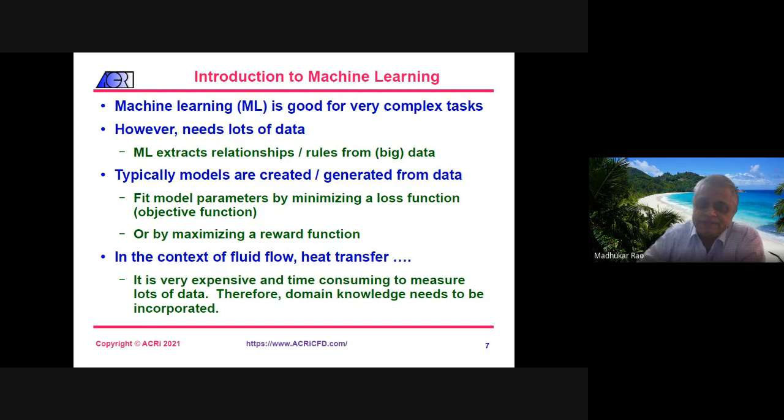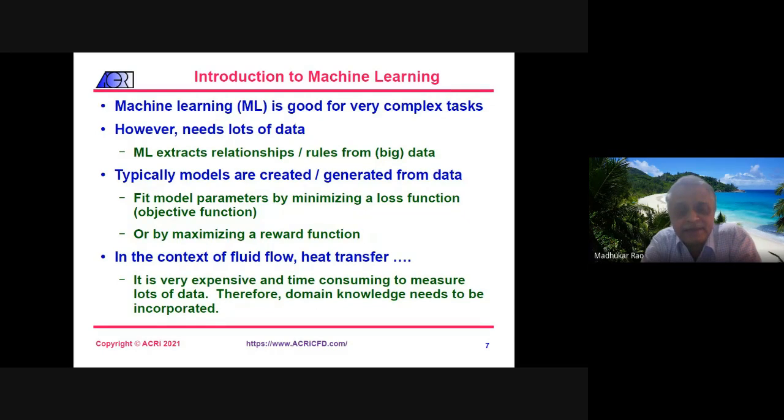For example, if you think of linear regression, you have two parameters if you want to fit a straight line to data. Similarly, neural networks, which basically fit a nonlinear function to your data, have many parameters, depending on the number of neurons, number of layers, and so on. So you fit the model parameters by minimizing a cost function or an objective function, or by maximizing a reward function.